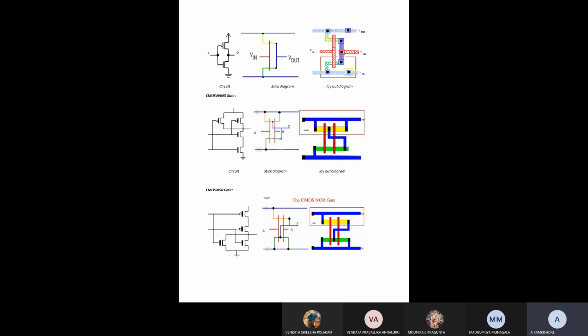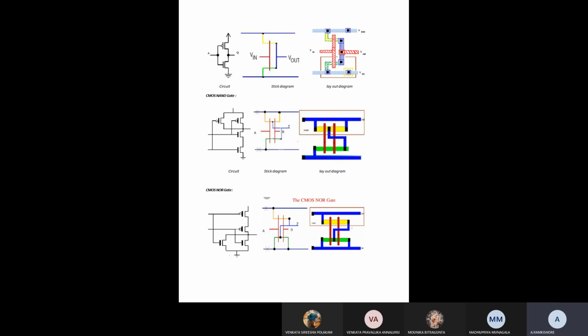Here we have two types of transistor, P diffusion and N diffusion. For p-type we use P diffusion, and for n-type we use N diffusion. These two diffusions work like MOS transistors, and the two transistors definitely need a polysilicon.